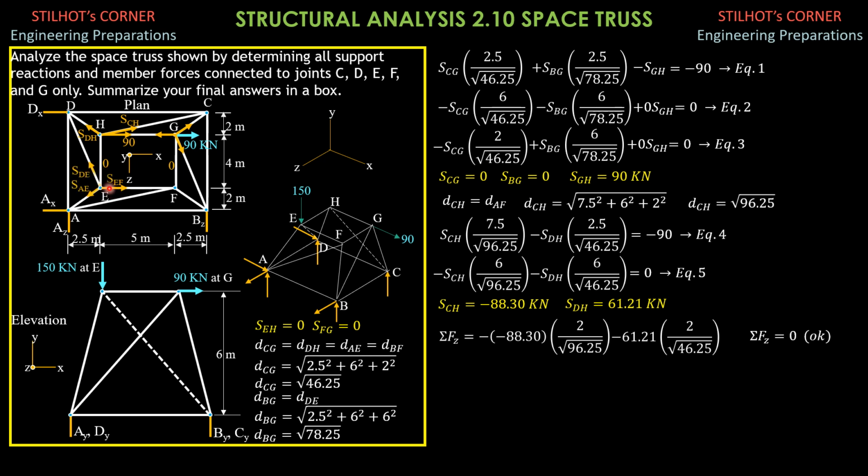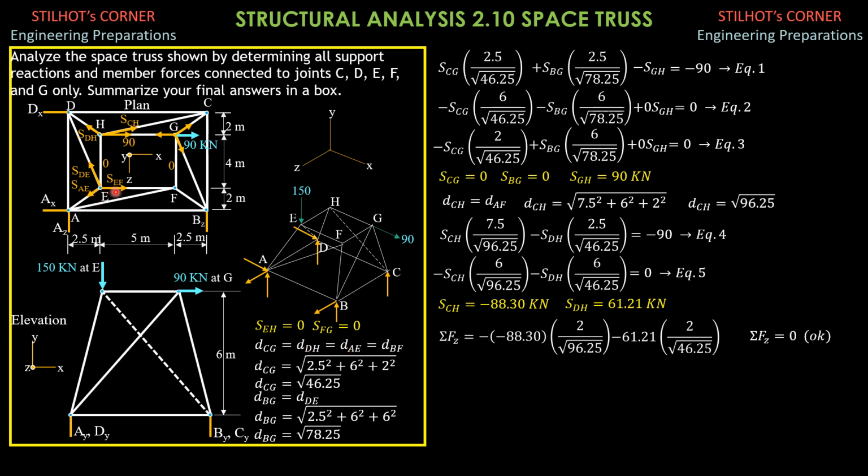We then proceed to joint E, and these are the unknown forces except this one because this is 0. Summation forces X. Distance DE is equal to distance BG, which we already computed, equal to square root of 78.25. And AE is also equal to CG, already computed.